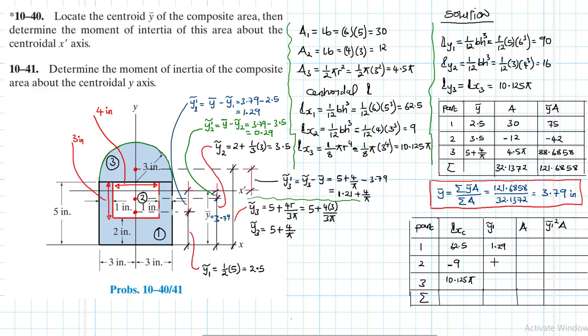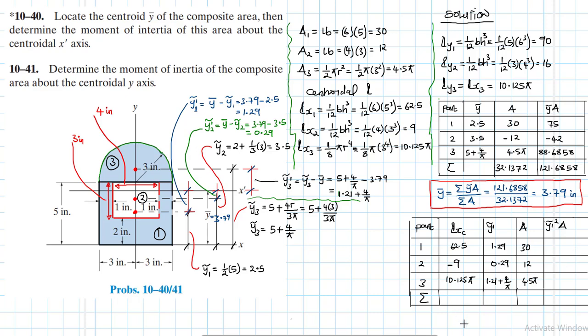Then the second one is 0.29. Then the third one is 1.21 plus 4 divided by pi. The area still maintains, nothing changes. It's 30, the first one. The second is 12. And the third is 4.5 pi.